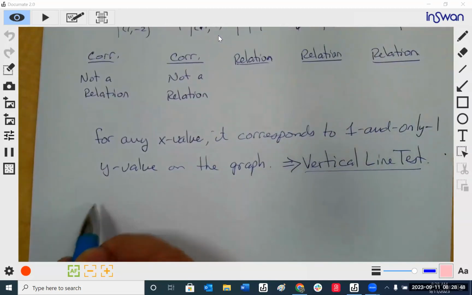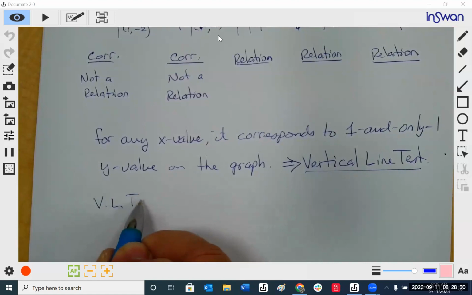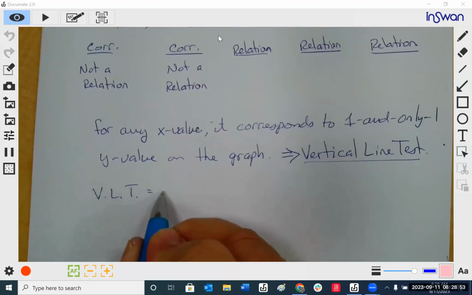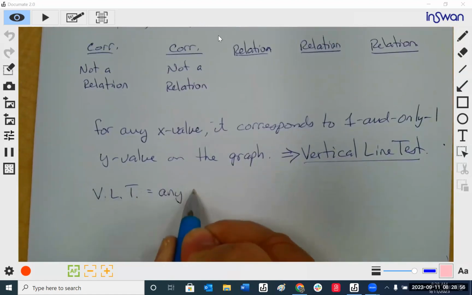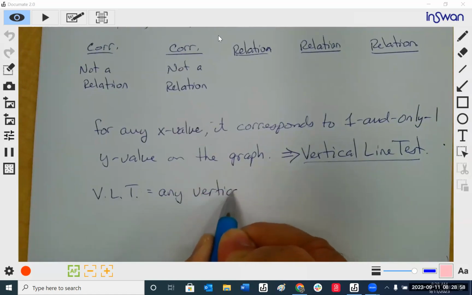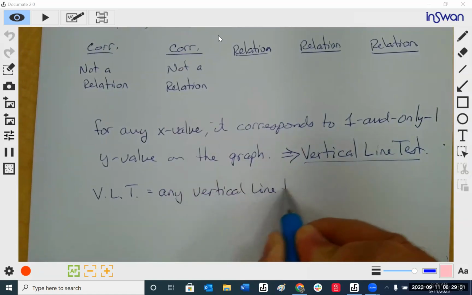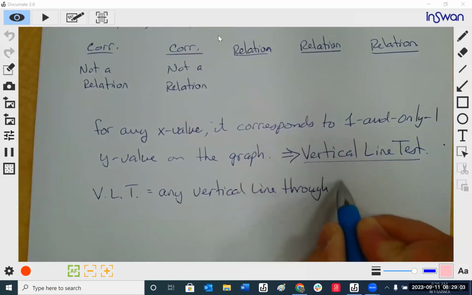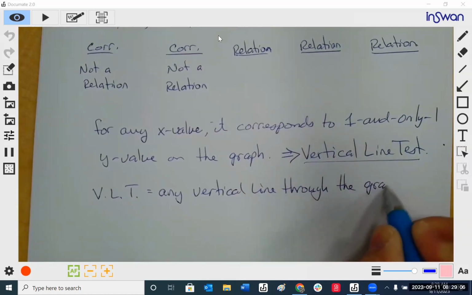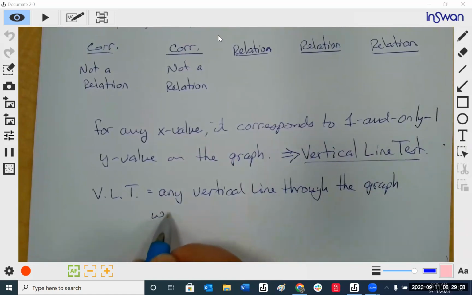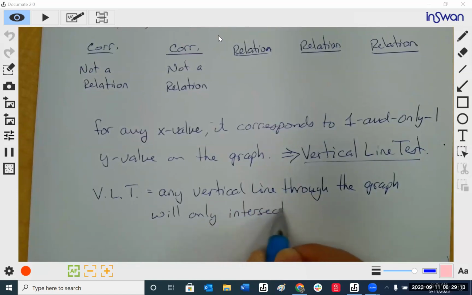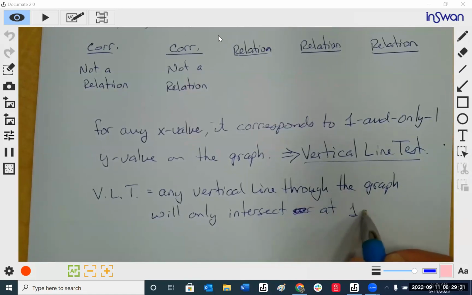Vertical line test. Any vertical line through the graph will only intersect at one and only one point.